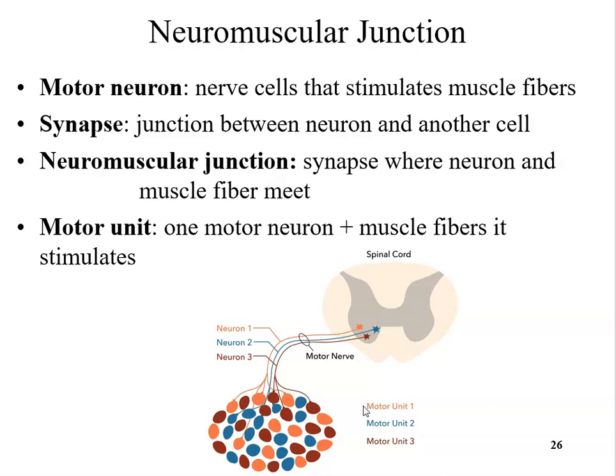The muscles of our quads, like the rectus femoris in the thigh, have thousands, 4, 5, 6,000 muscle fibers per neuron. So it varies tremendously depending on the function of the muscle and the size of the muscle.